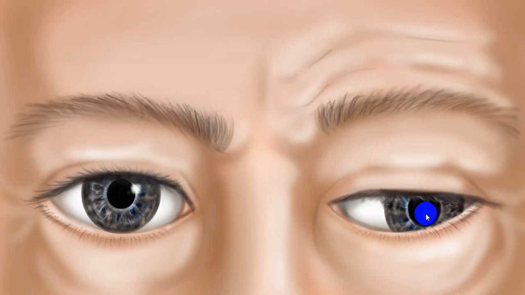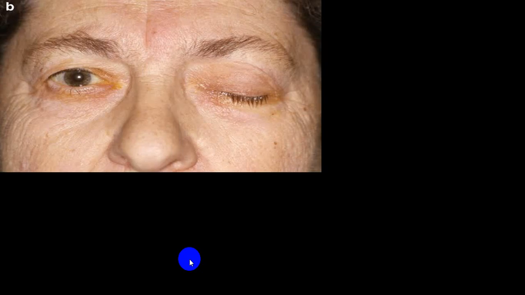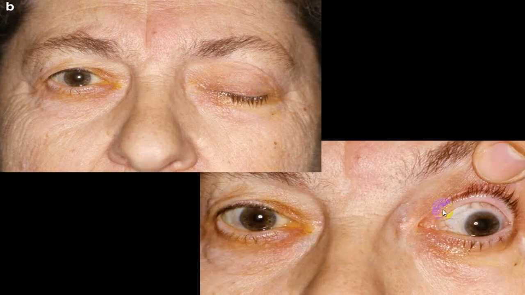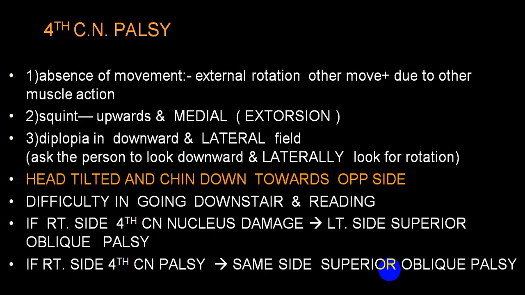Ptosis, dilated pupil, laterally and little downwards. Here you can see this side, ptosis, dilated pupil, downwards and outwards. You can see ptosis, you will not be able to identify where the position is, so we'll have to uplift. So you can see that it is laterally and downwards, and pupil is dilated as compared to this. So this will be the combined picture of oculomotor.